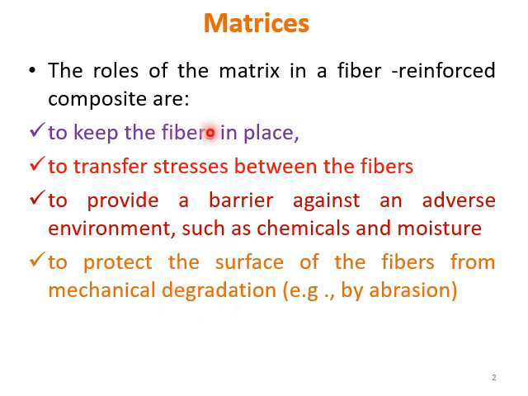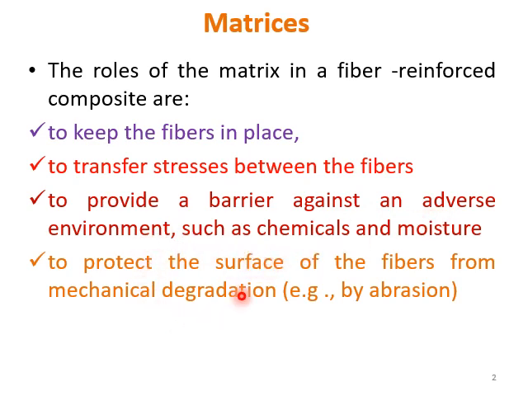Like, the matrix keeps the fibers in a particular orientation and in separation. We have also seen how the stress is transferred between the fibers through a matrix. Then we have seen that the matrix acts as a shielding material. It shields the fibers from environmental effects such as chemicals and moisture. It also protects the fiber.